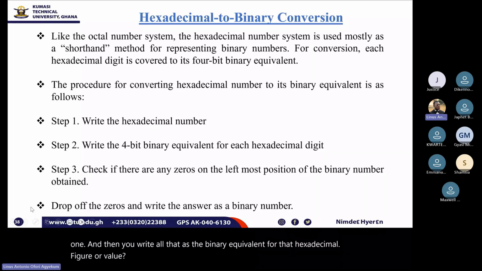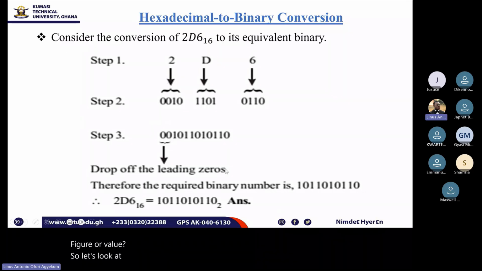So let's look at a quick example here. We take this hexadecimal number 2D6, subscript 16, which means it's a hexadecimal.